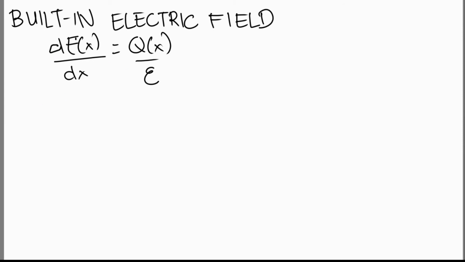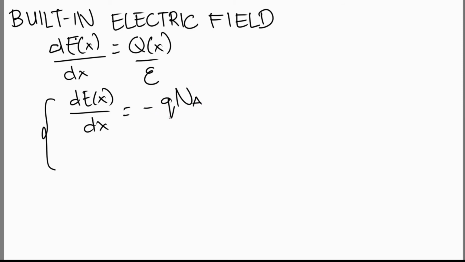For either side of the junction, so for the P-type side, we'll have this expression, dE(x)/dx is equal to negative qNA over epsilon. This is yung charge over epsilon. This is the charge concentration. For epsilon, this is from negative xP0 to 0.